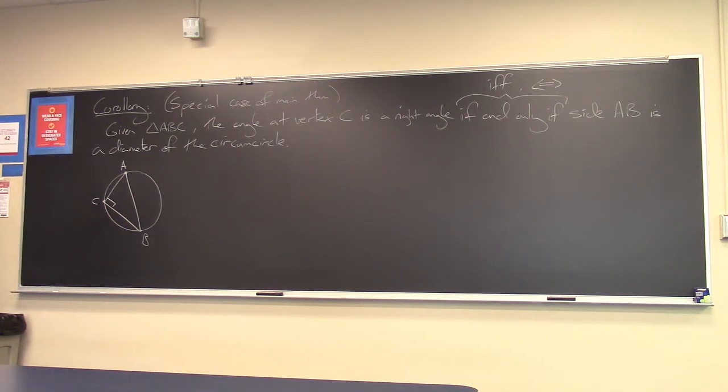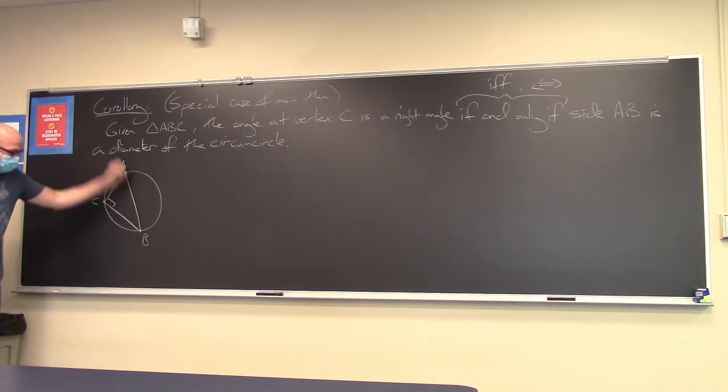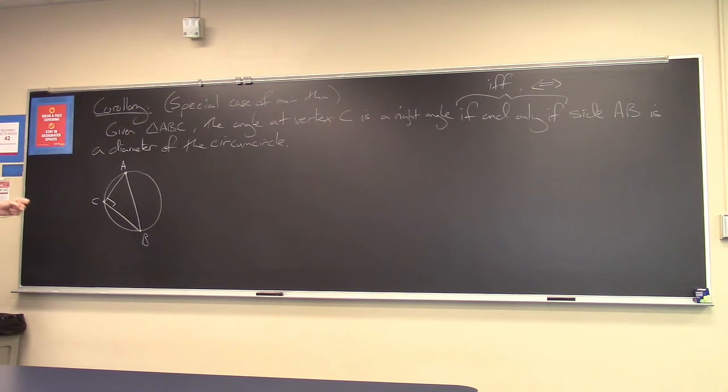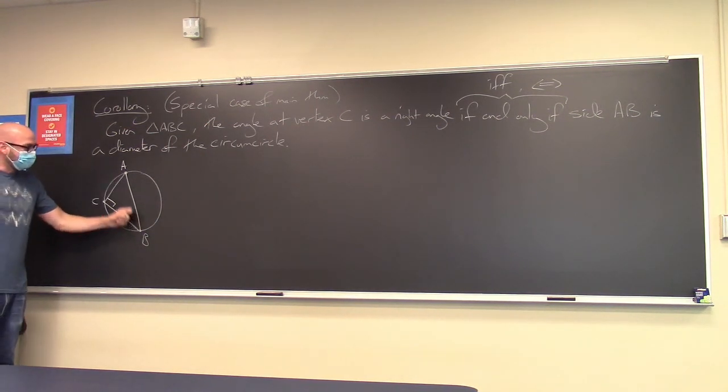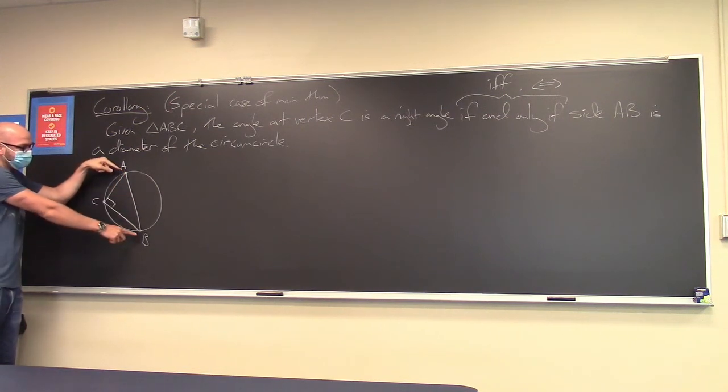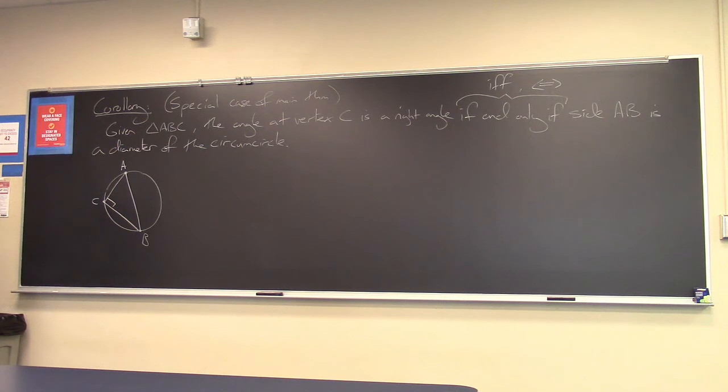Right, so it says two things. It says the forward direction is if angle C is a right angle, then AB is a diameter of the circle. I believe that's what it's saying, yes. And vice versa, if AB is a diameter, then any inscribed triangle using AB as one of the sides must be a right angle triangle.